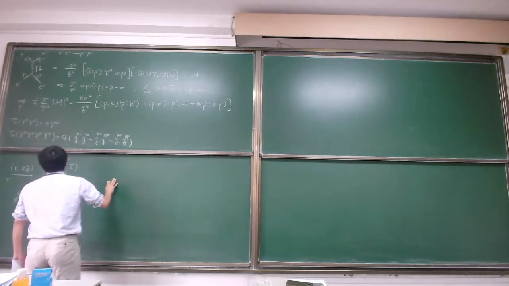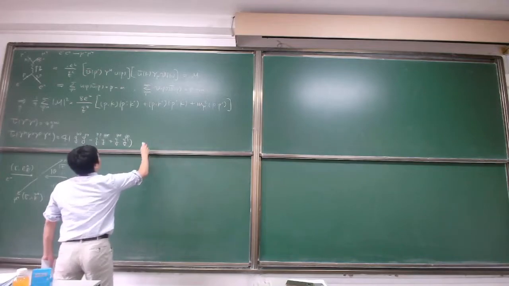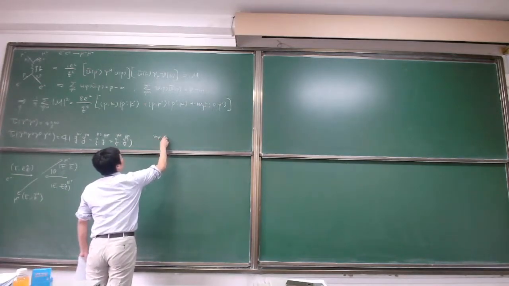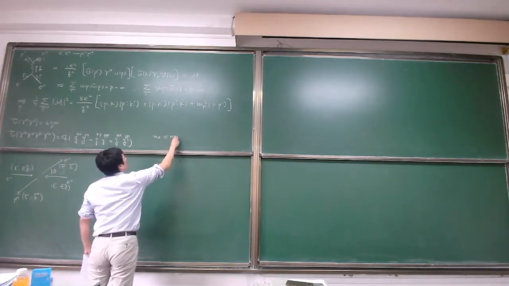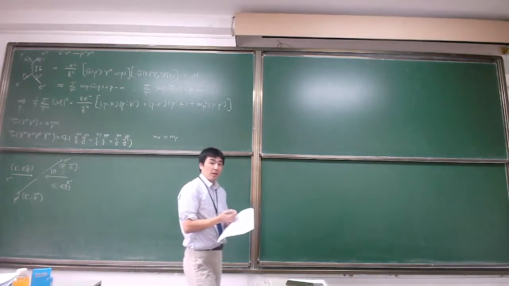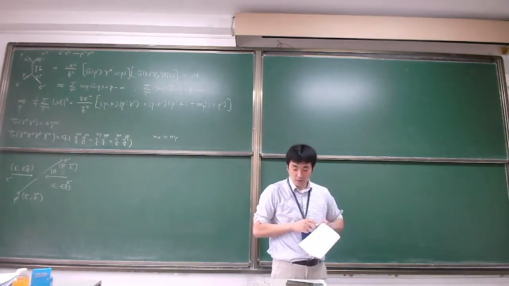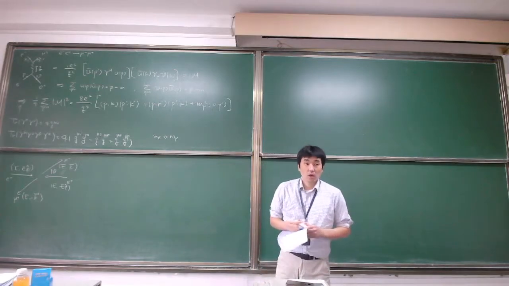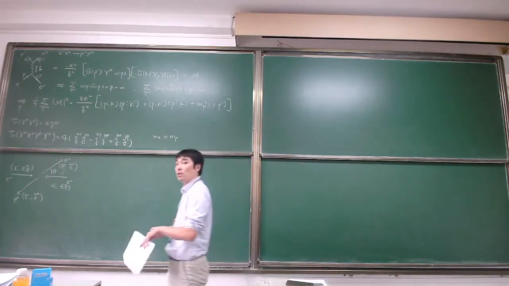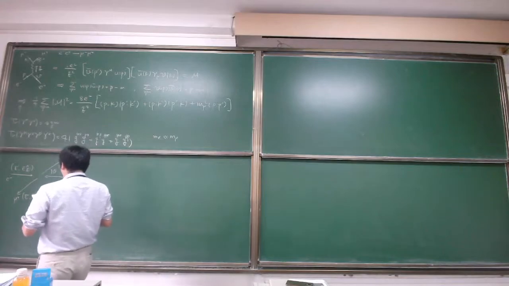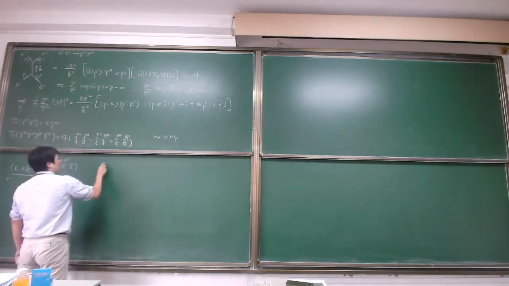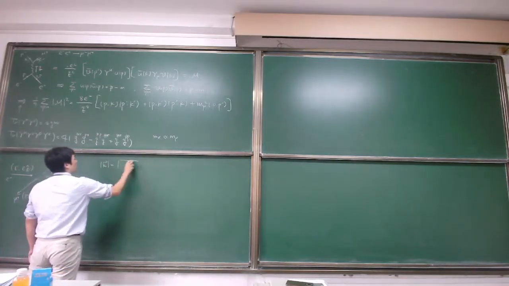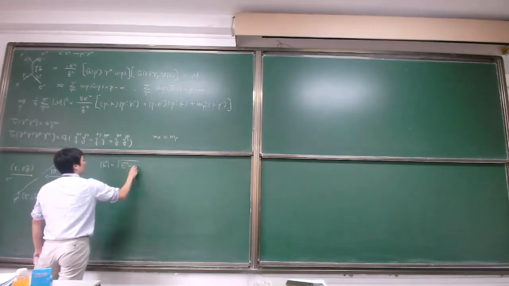Of course, we assume the electron mass m_e is much less than the muon mass, so that we ignore the mass of the electron. Therefore, the magnitude of the momentum of the muon is the square root of E squared minus m mu squared.